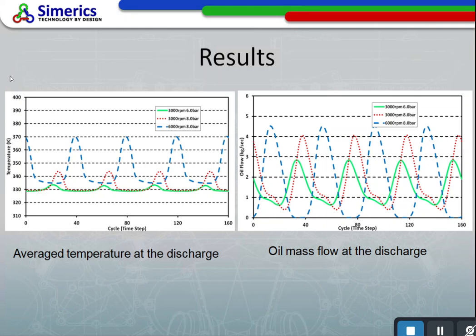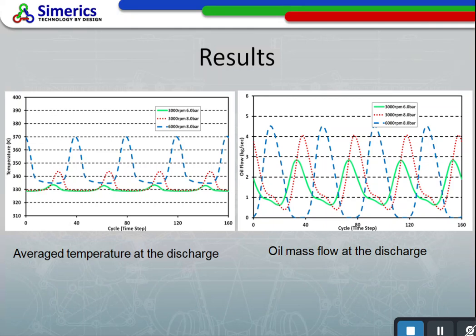We also checked the average temperature at the discharge. The left panel shows the temperature. As a comparison, the right panel shows the oil mass flow at the discharge. As we can see, the temperature is closely related to the oil mass flow at the discharge.